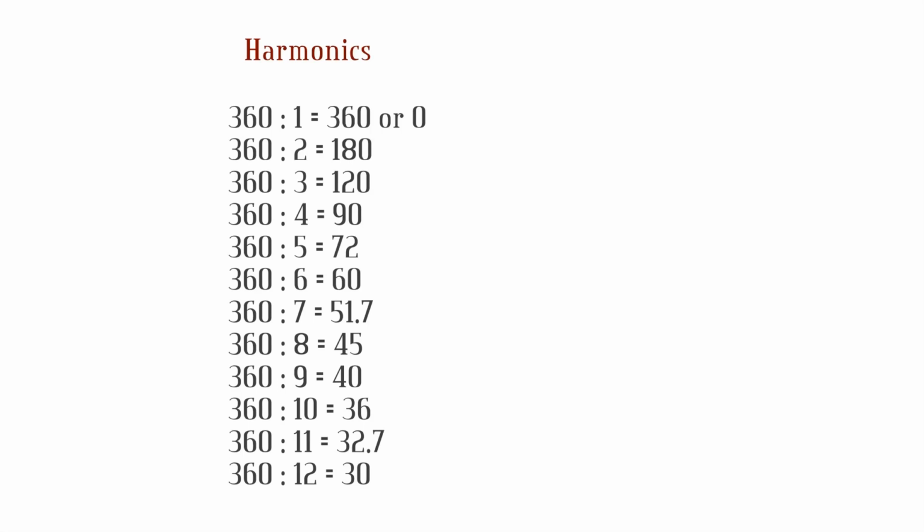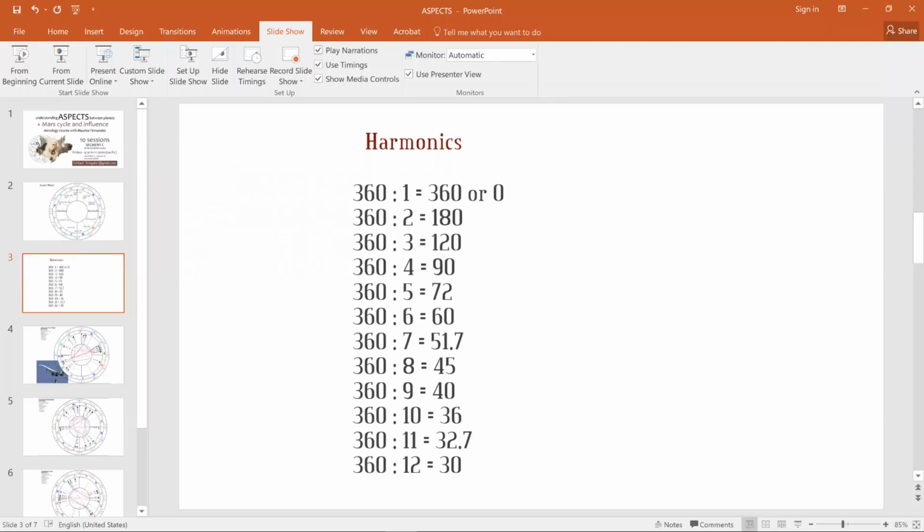But if we strip down the theory and just go to the basic principle, what are aspects? What is it actually? So let's look at a chart, today's chart. Let's do it for now. Now it's 9:50.